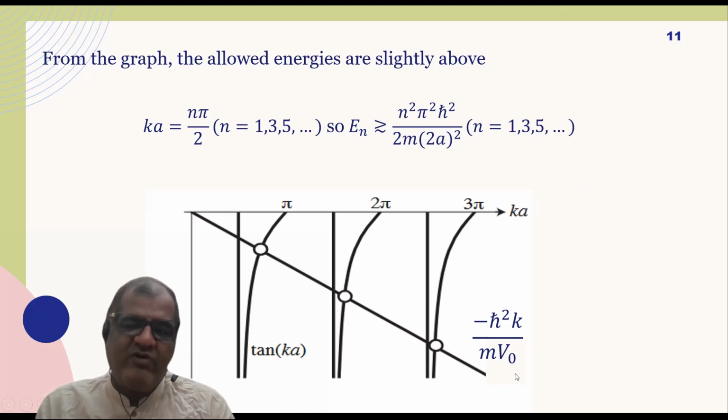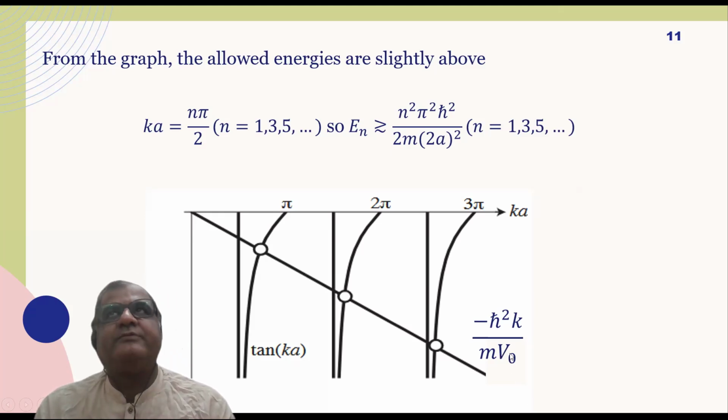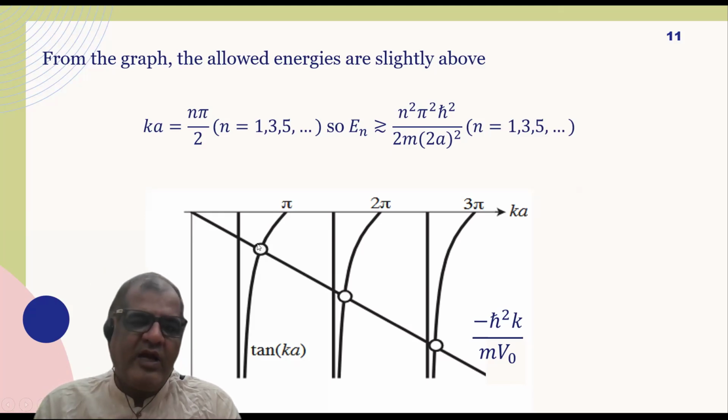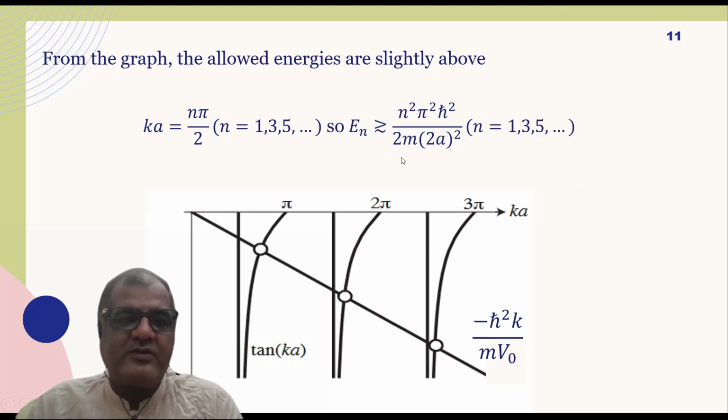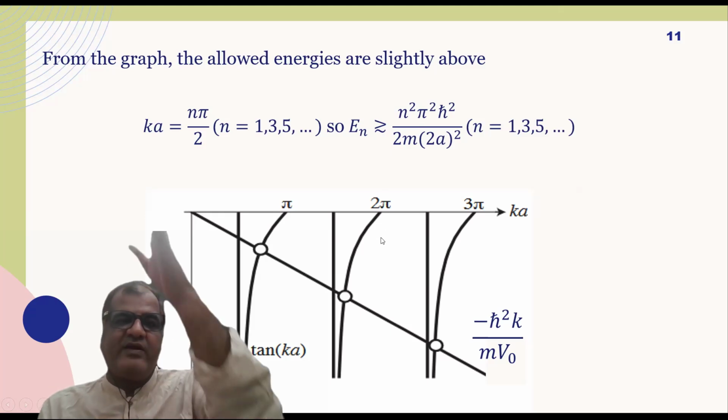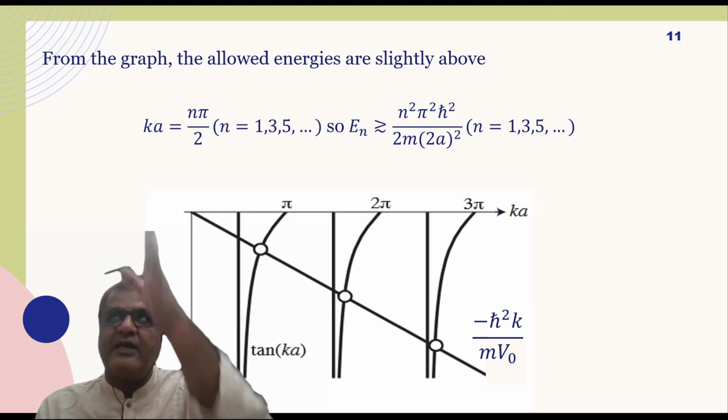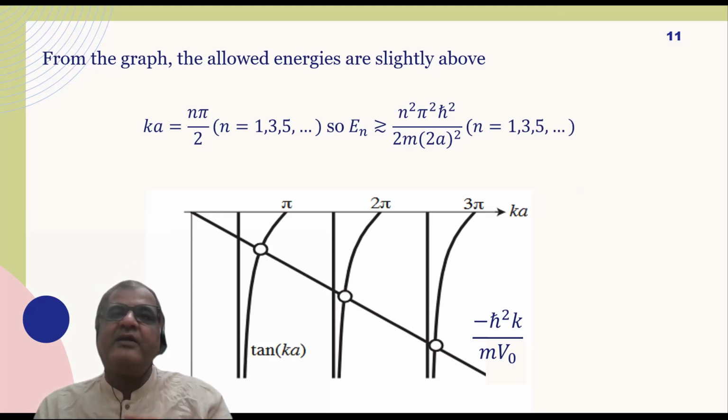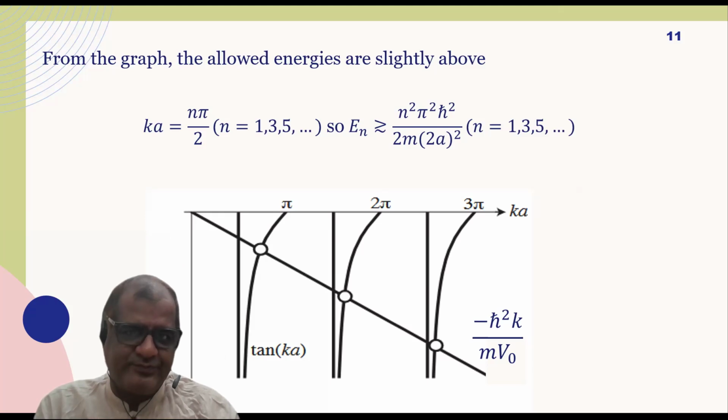Now what happens if I take V0 infinite? The slope will keep on decreasing, and the point will touch here. The solution will be k equal to nπ. When the delta function potential barrier becomes infinite, these become two boxes.